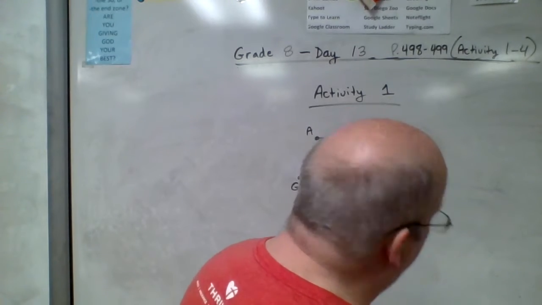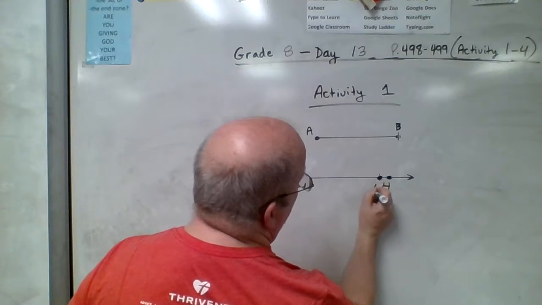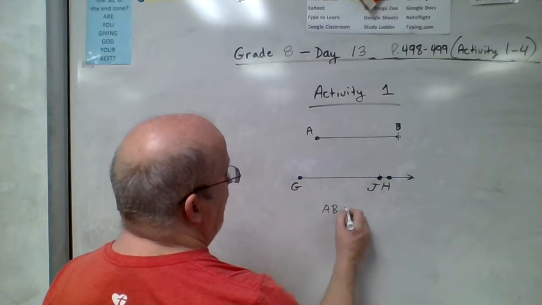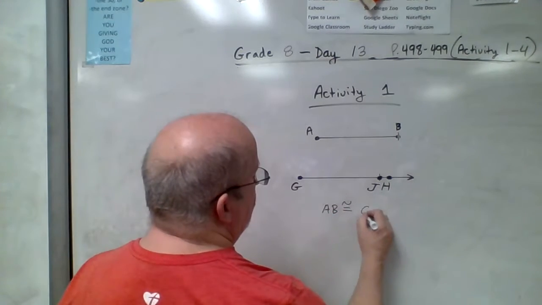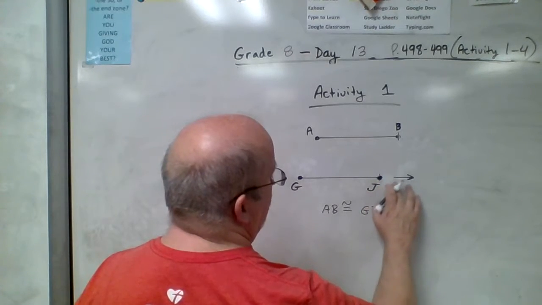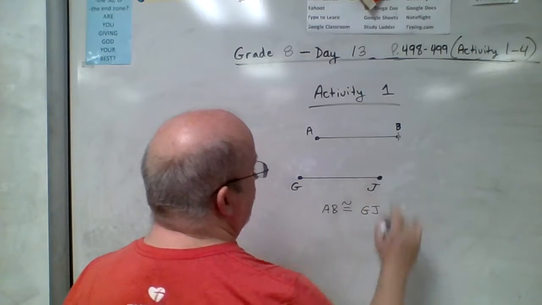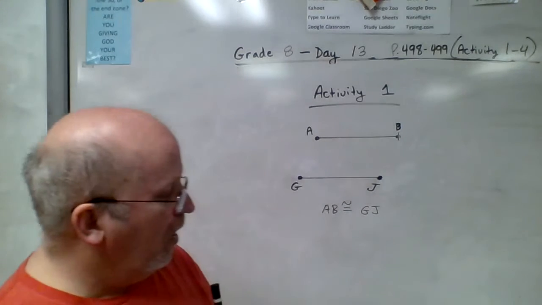They want us to identify this location right here as point J. And therefore, line segment AB is congruent to line segment GJ. And at this point, I'm just going to get rid of the rest of the ray. And we'll call this an example of activity 1.